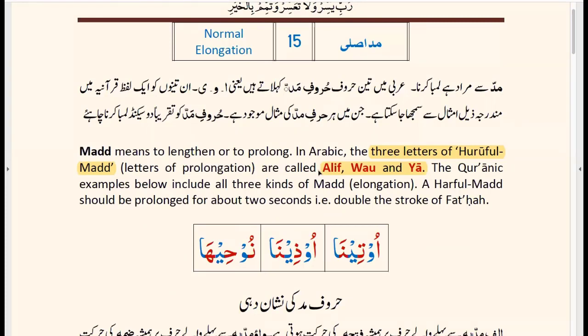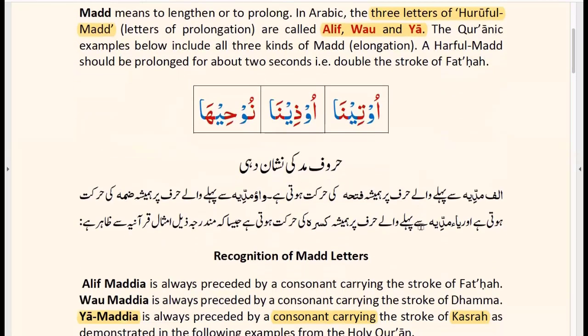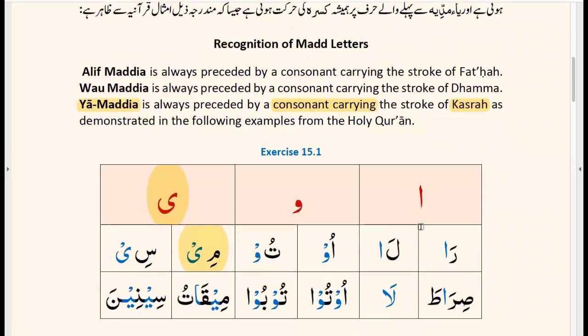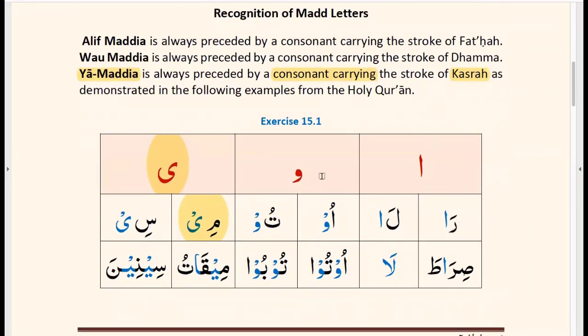In Arabic, there are 3 letters of haruful mad, letters of prolongation, which make a letter and the letter preceding it longer. These are alif, waw, and ya. Yesterday you looked at how to recognize alif mad and waw mad, and today we are going to look at the 3rd letter of elongation, which is ya mad.